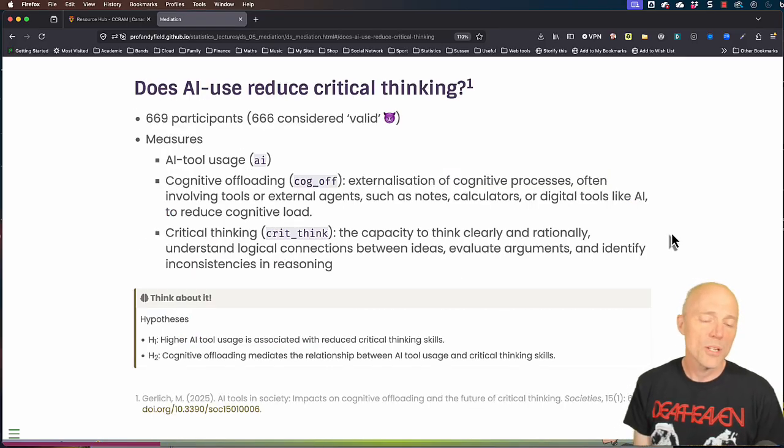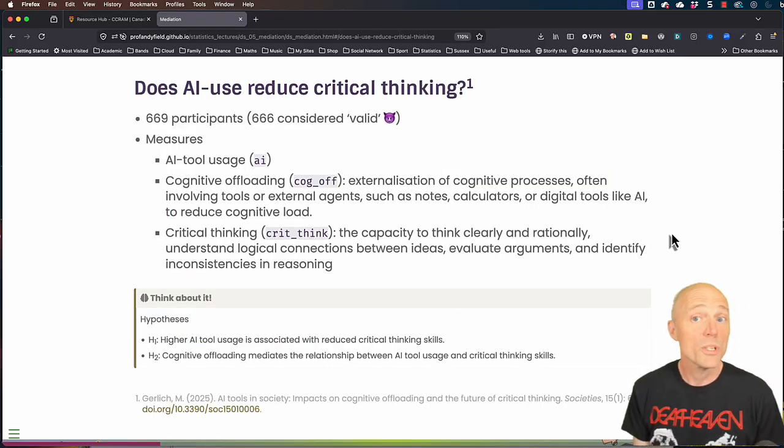This example is based on a real research paper, which I will link in the notes for this video. And it was addressing the question of whether AI use reduces critical thinking. So there were three variables that were measured: AI tool usage, cognitive offloading. So this is the extent to which someone uses external tools such as notes, calculators, digital tools to reduce their cognitive load.